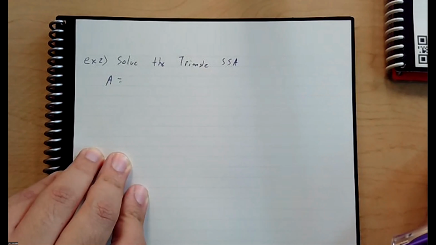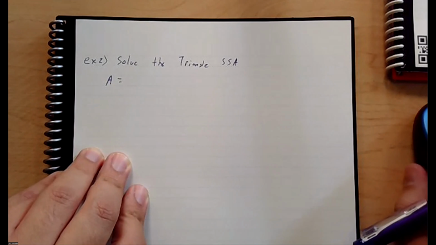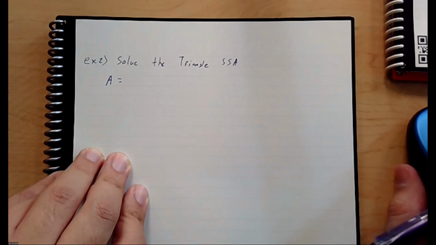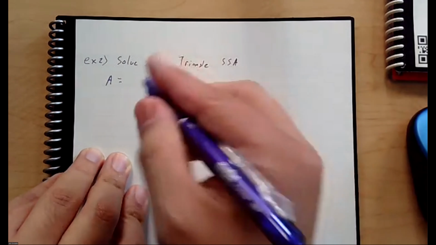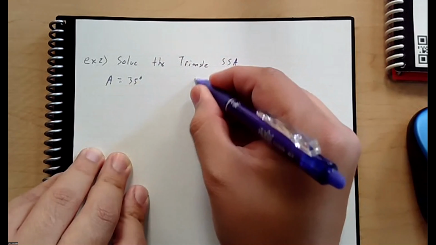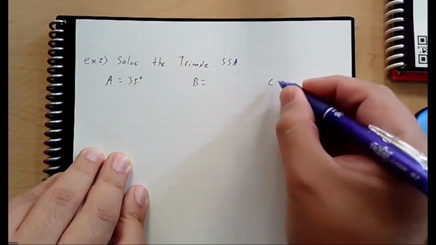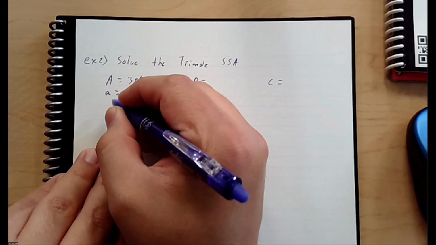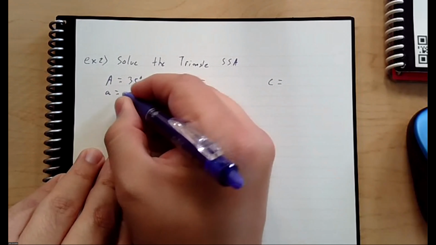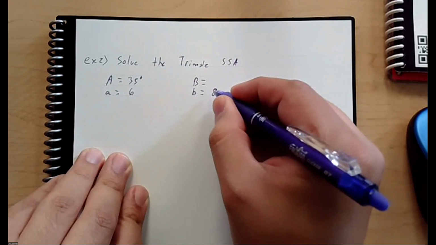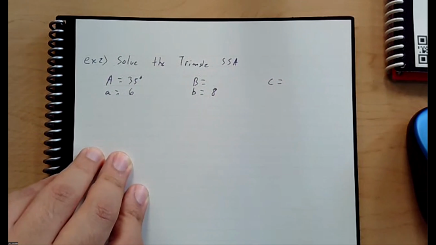Let me move this over here. So they gave us capital A in this example, and that was it for the angles. Lowercase a is 6, lowercase b is 8. That was it. That's all we got.